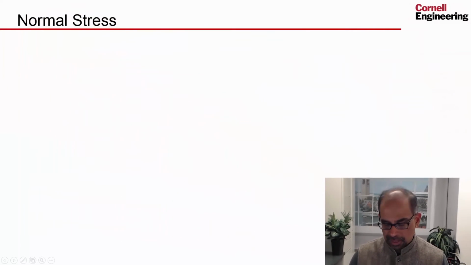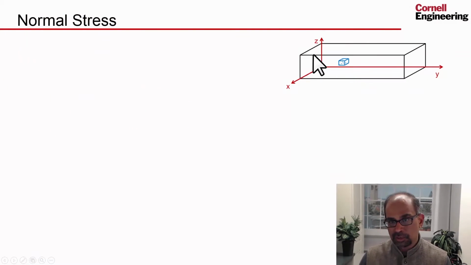The first concept I want to look at is the concept of normal stress. If I'm looking at a bar, and let's say the bar is being held over here and it's being subjected to some bending load here.